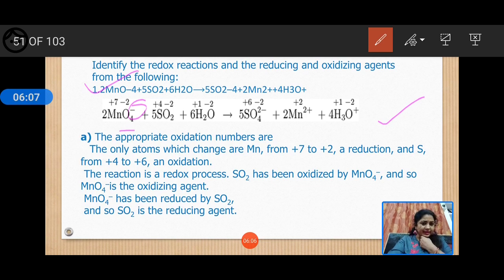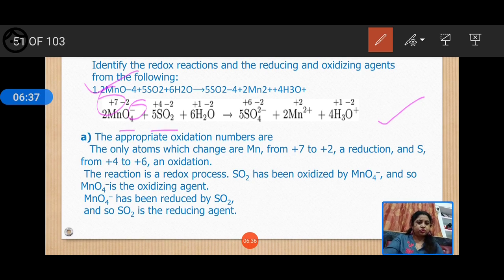Mn is your X. 4 twos are 8, and the charge is -1, so it will come to +7. Do it in your copy. Take 30 seconds, and keep on writing the oxidation state of every atom on the top. I will move slowly here.